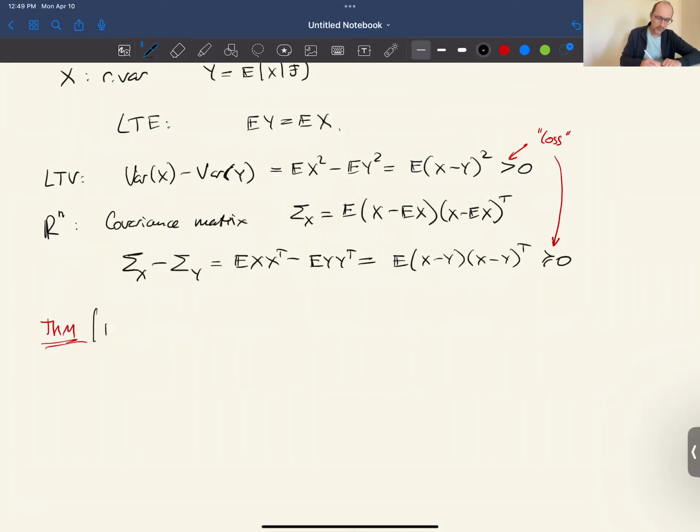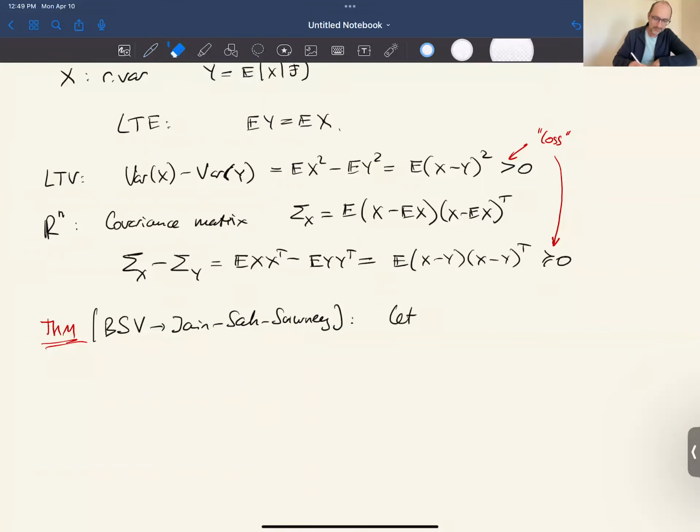We first proved it with March, Bodiharjo, Stromer, and myself, and then Jane, Sa, and Sony removed the iterated log factor that we had there. So here is the result on the covariance loss.